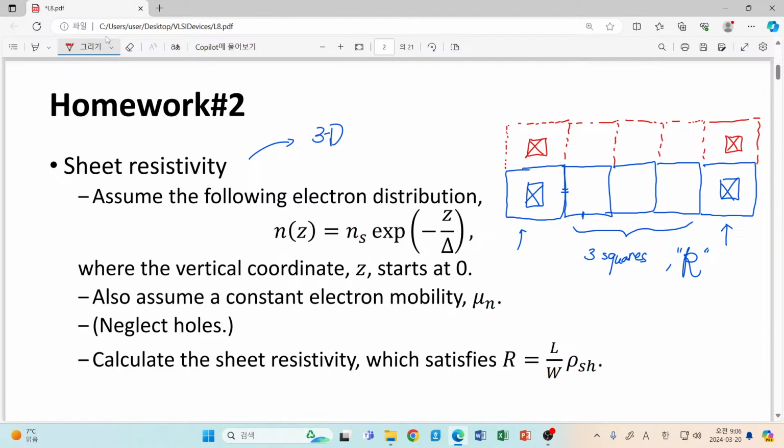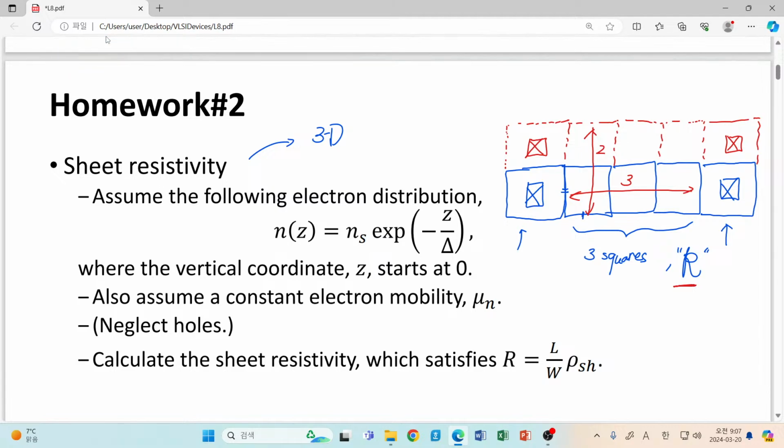However, their alignment is along the transport direction: you have 3 squares, and along the direction perpendicular to the transport direction, you have 2 squares. My question is, compared with the original resistance R, if you introduce 3 times 2 squares in that way, what will be the expected resistance?